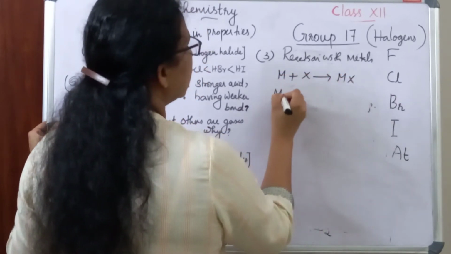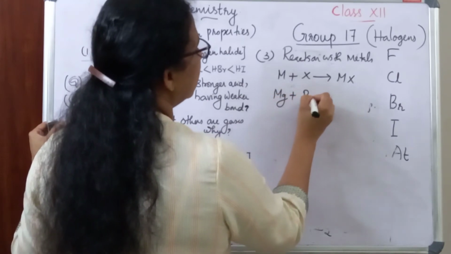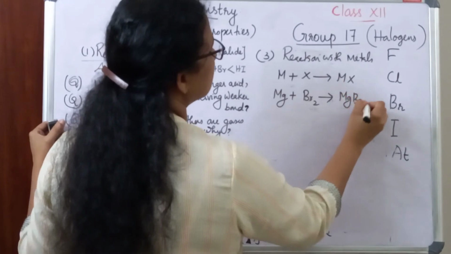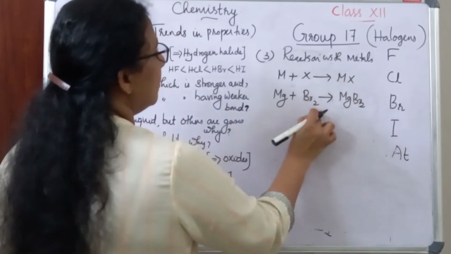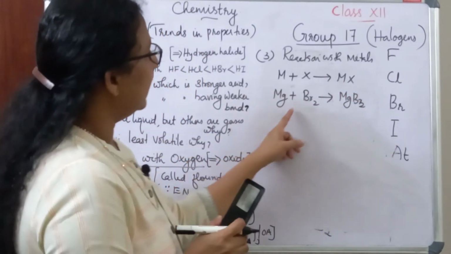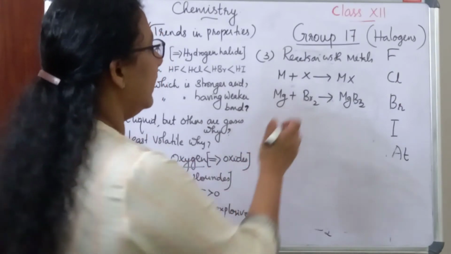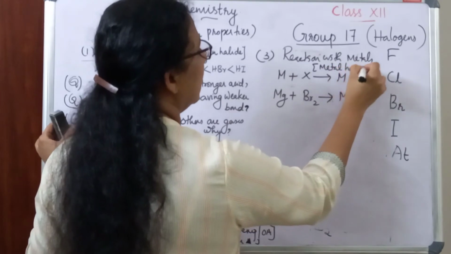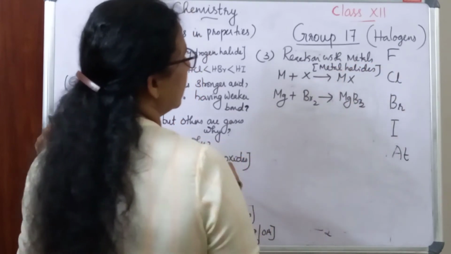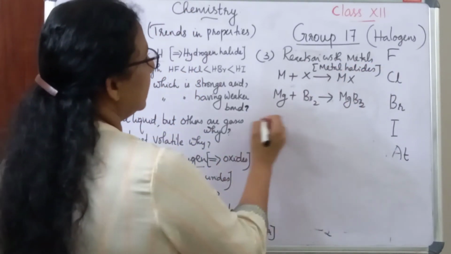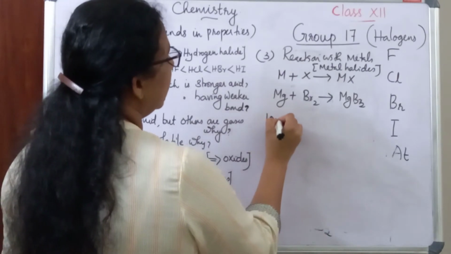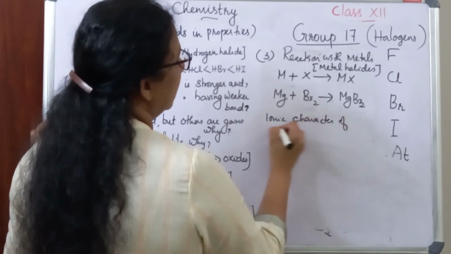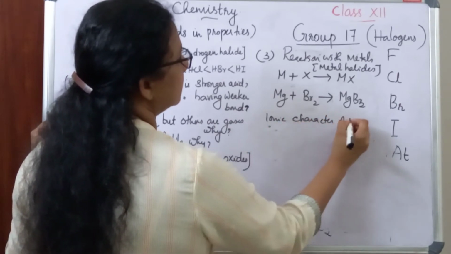For example, magnesium reacts with bromine, Br2, to give MgBr2. So metals react with the halogens to form metal halides.